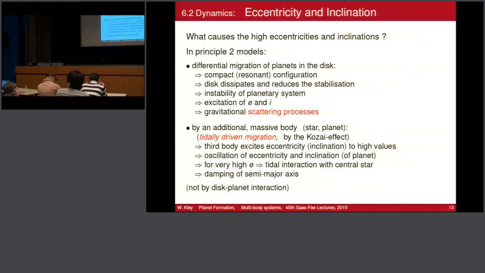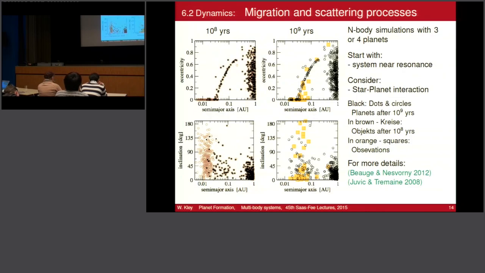So the first process here leads to the following systems. You assume a priori that the evolution of the system has gone through a stage where these planets were embedded in the disk, and differential migration is a very natural process. So if you put a number of planets in the disk and follow their evolution, you will always see many, many resonances, many more than are actually seen in the observations.